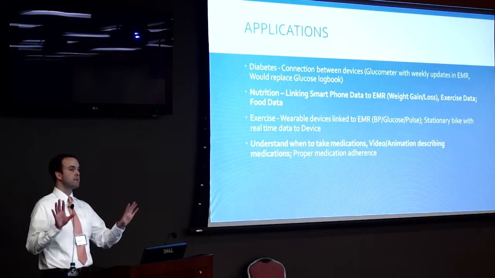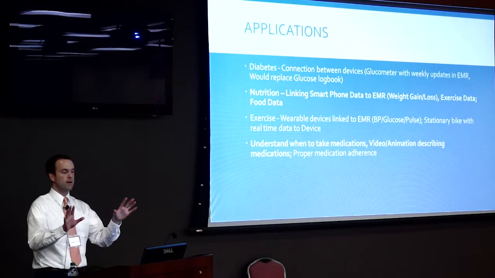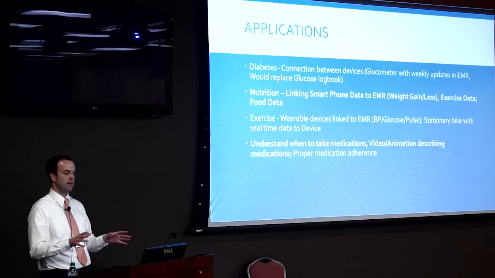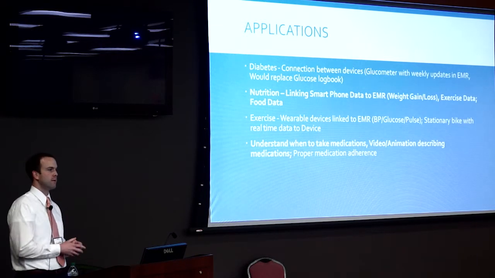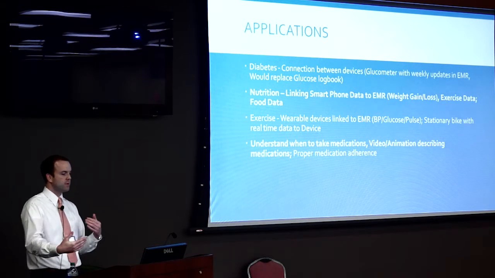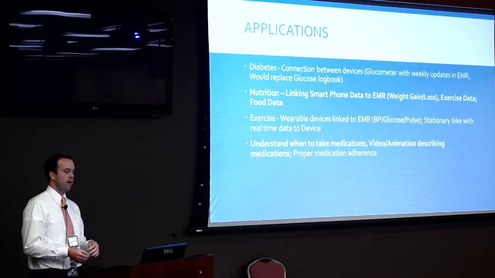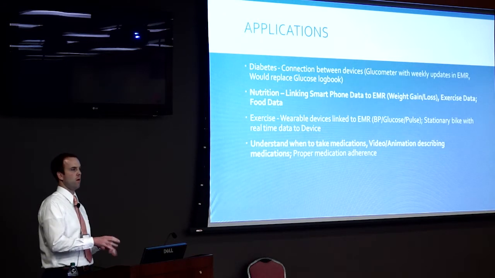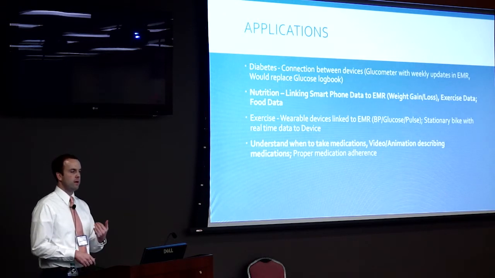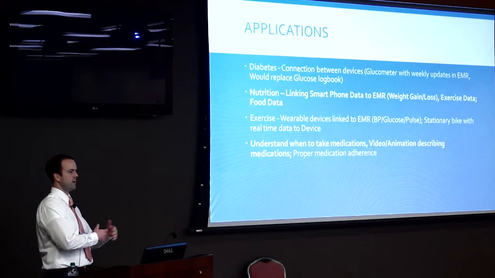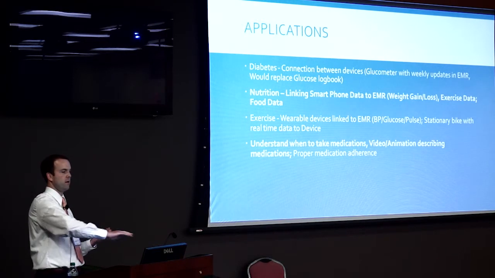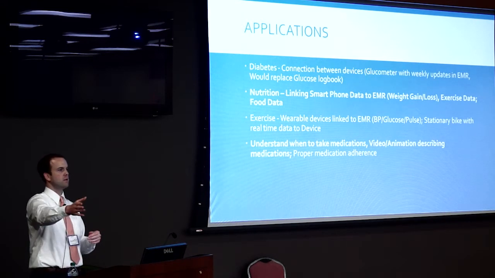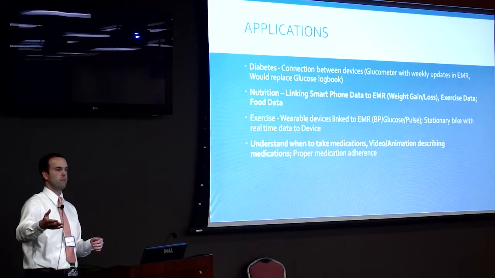Some of these may exist already. I know personally in my clinic, they don't. I don't use them. So this is all new for me, but I know there's some other third parties out there that have something like this. And actually, I think the speaker before mentioned them. So connection between devices, right? Glucometer, it gives us a blood sugar to the EMR or to the nursing EMR or whatever it is, because it's important to see that if you're seeing a guy who's been compliant with his medications and all of a sudden, for 3 weeks, he's in the 120s, and all of a sudden he starts spiking with blood sugars in the 300s, 400s, 500s.